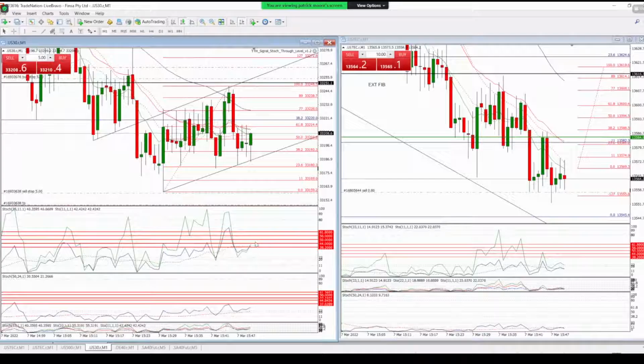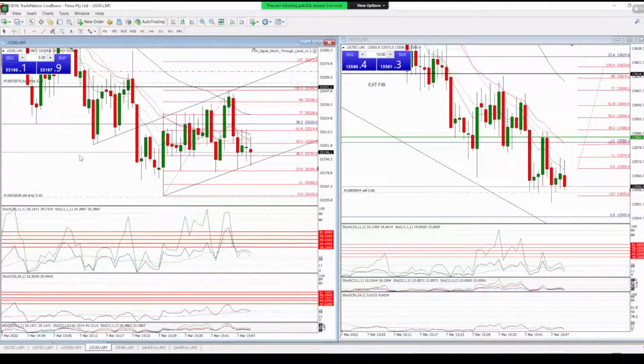Looking at stochastic up through 50, the blue, it's at 36, 37 now. Waiting for that to break 50. 10 minutes till 6 o'clock.